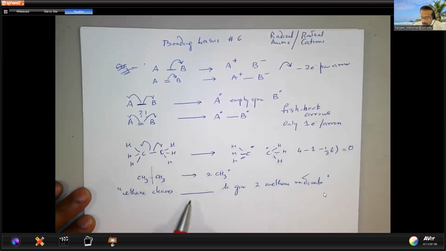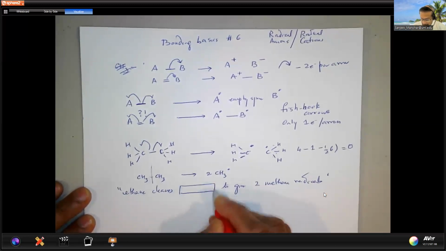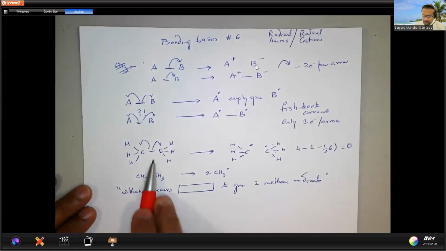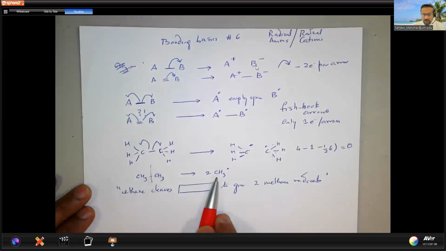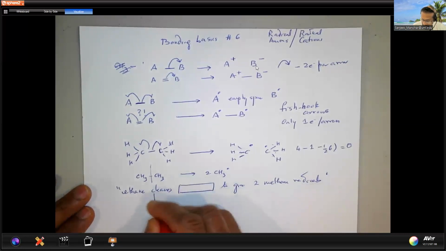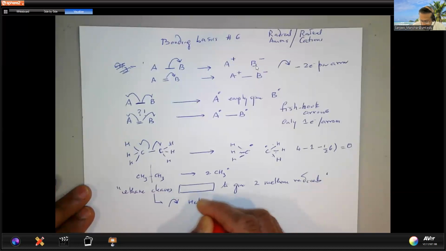Ethane cleaves. So what do you write here? Let me just get rid of this. So ethane cleaves to 2 methyl radicals. So if it cleaves with this arrow, it's called heterolytic.